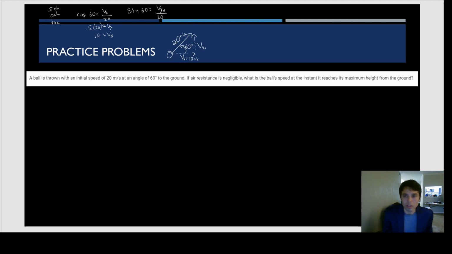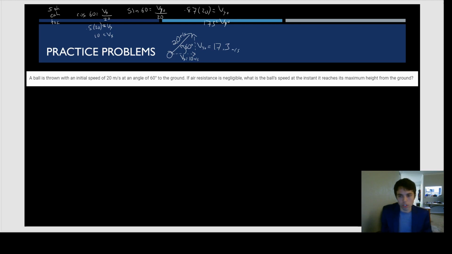Sine of 60 is 0.87, so it's 0.87 times 20 equals Vy naught, and that's going to be 17.3. So Vy naught equals 17.3 meters per second. All right. We're on our way. Okay, hopefully you are getting better at finding those components.